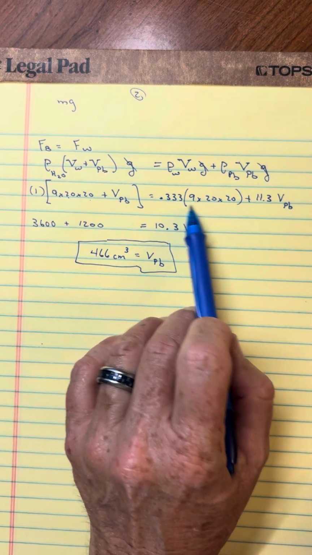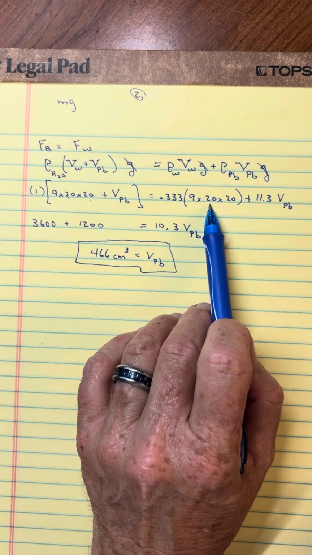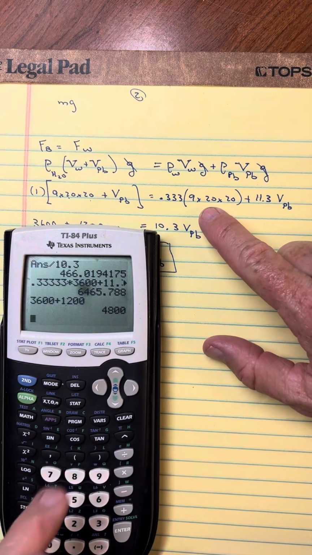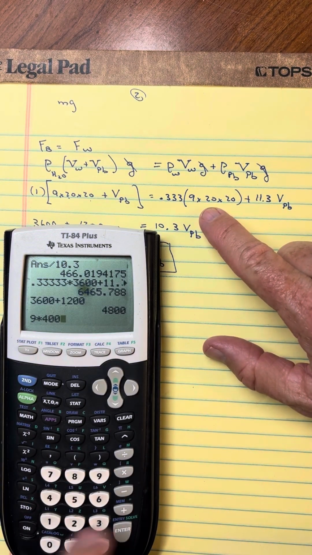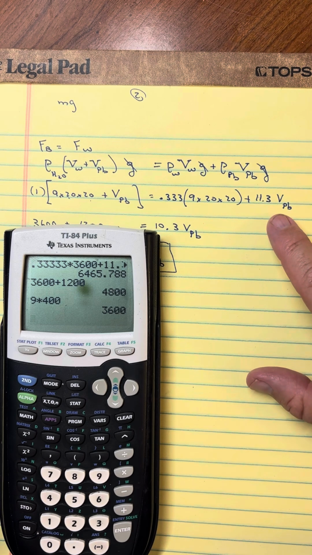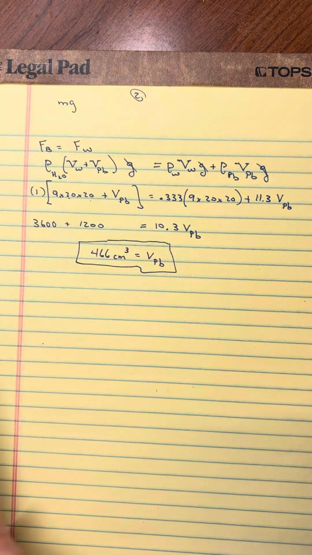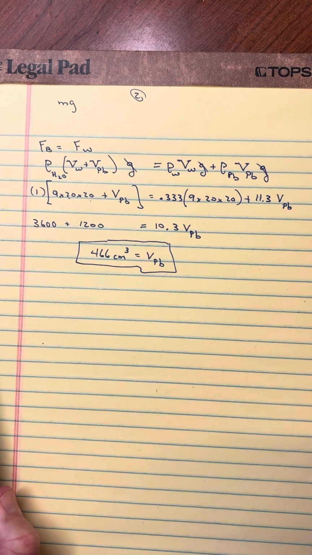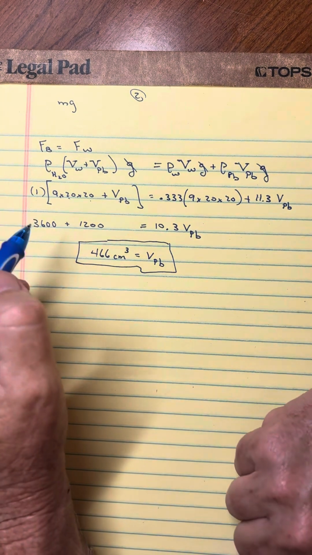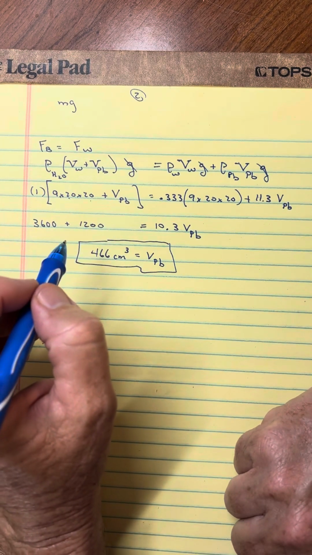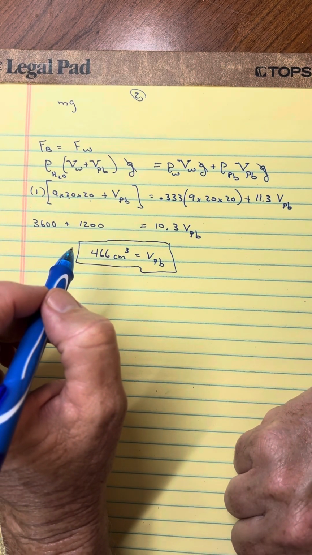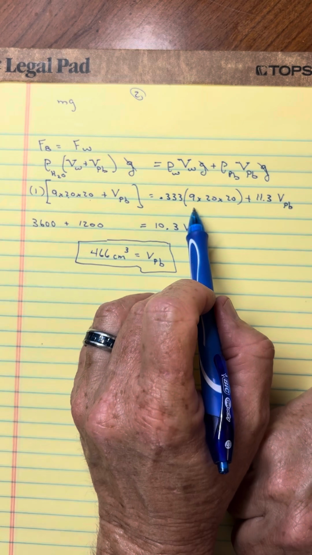Weight of the wood. Is that right? 9 times 400. Yeah. Ah, that's it. My bad. Didn't I need to subtract these?